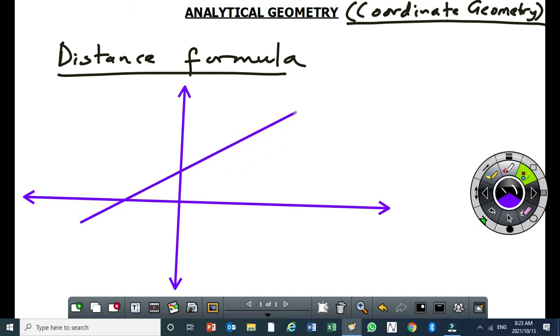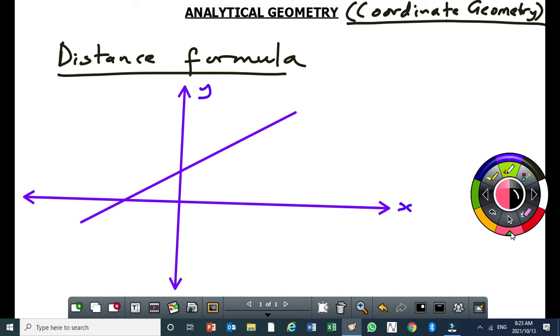Right, so that's my straight line there. Obviously, this is my y-axis, that's my x-axis. If I draw a line segment on a Cartesian plane like this, in analytical geometry or coordinate geometry, you may need to know the length or the distance of that line segment.